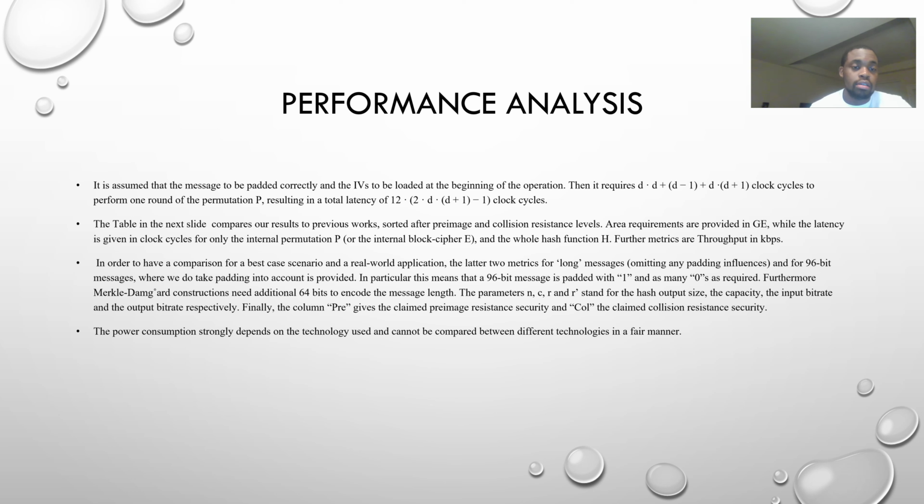Furthermore, the construction needs an additional 64 bits to encode the message length. The parameters n, c, r and r' stand for the hash output size, capacity, input bit rate and output bit rate, respectively. Finally, the column pre gives the claimed pre-image security, and the column coll the claimed collision security. The power consumption strongly depends on the technology used and cannot be compared between different technologies in a fair manner.